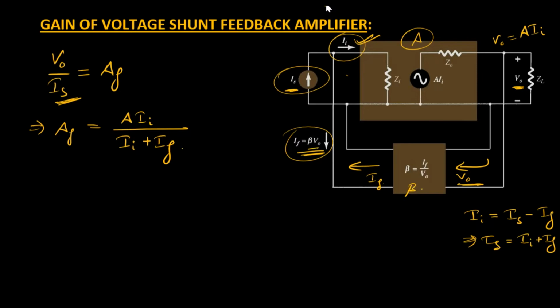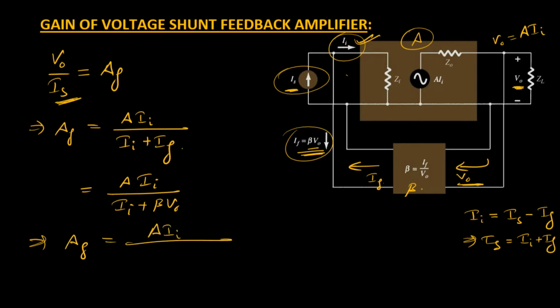We can again rewrite this equation as A II over II plus, in place of If we'll write beta V0. Now we already know the value of V0, so we can substitute it here. AF now will become equal to A multiplied by II over II plus beta, and in place of V0, I'll substitute A II, right?